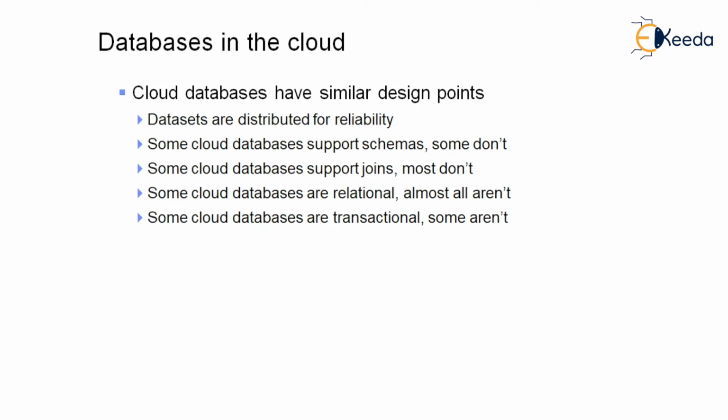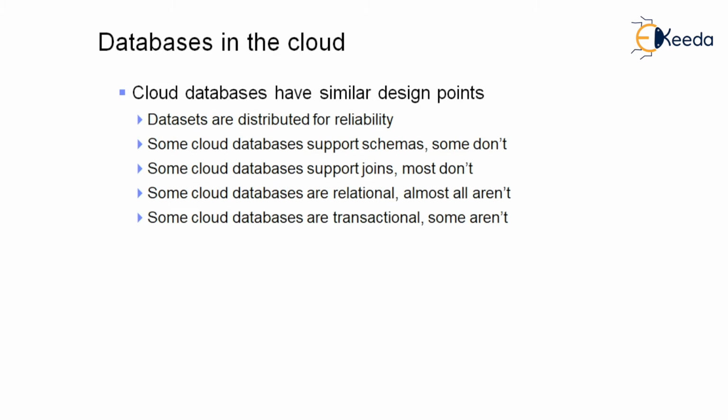Again, database in the cloud, it's one of the principles, where cloud databases have similar design points. In these, data sets are distributed for reliability. Whenever you want, you can access. Some cloud databases support schemas, some don't. Some cloud databases support joins, some don't.